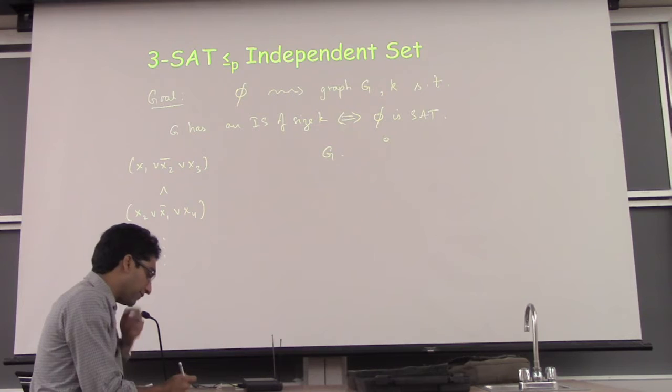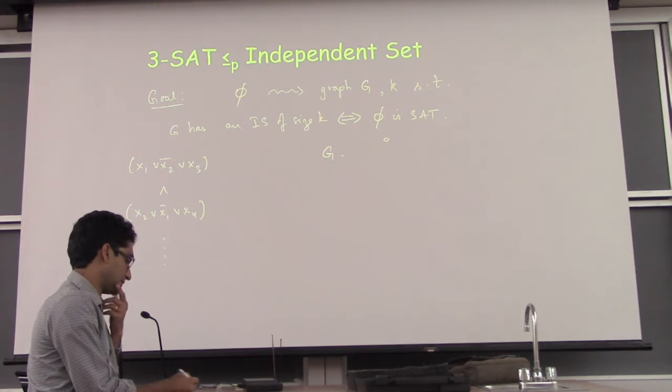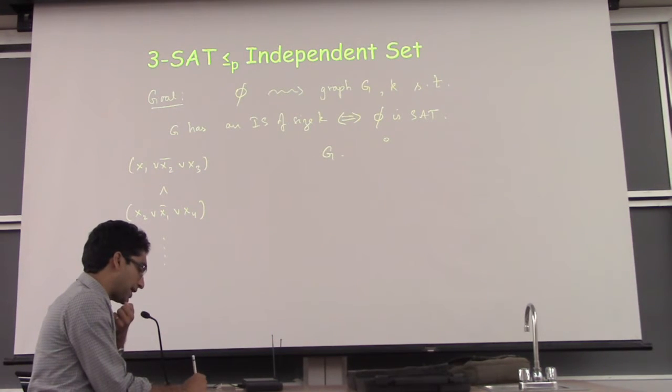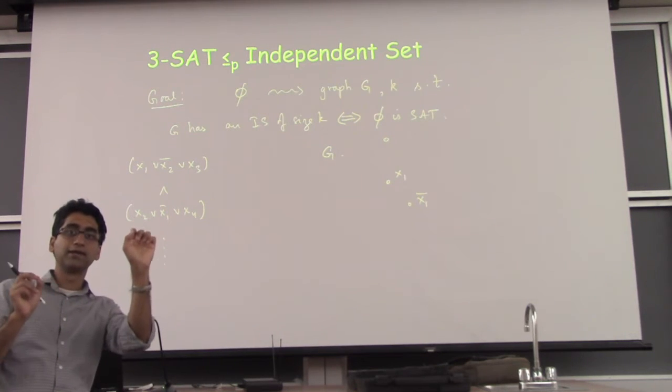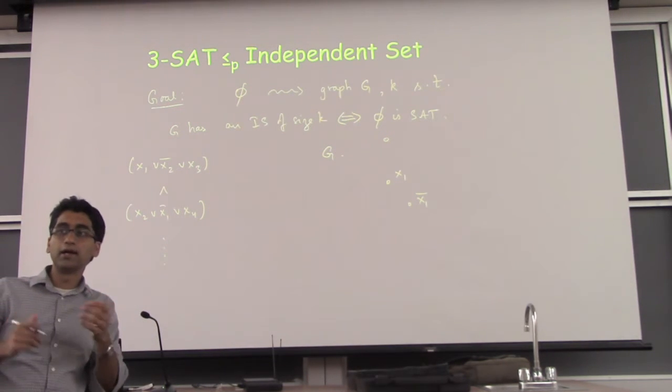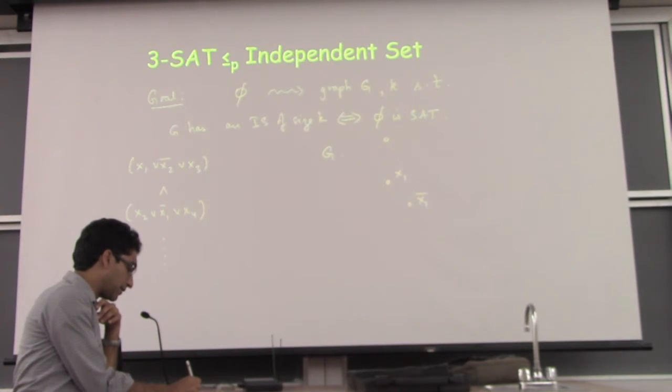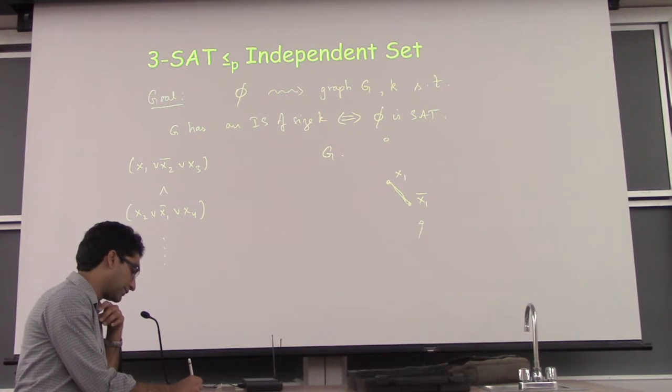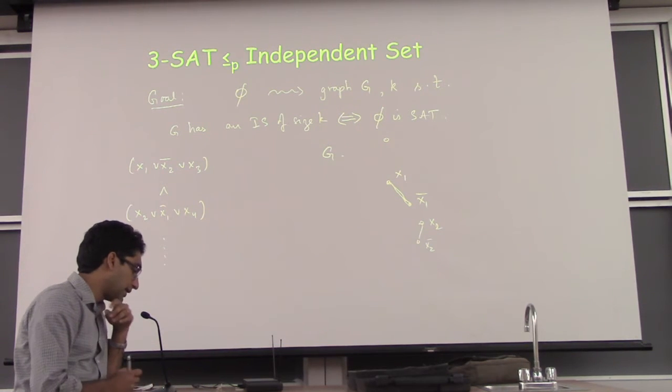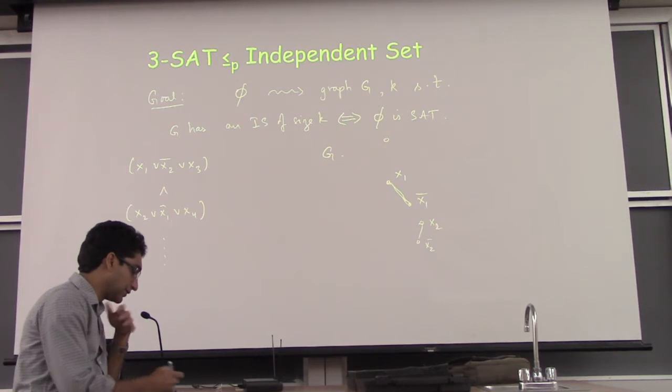So a natural way is, you could think that okay, maybe I have literals, maybe I have some x1 and I have x1 bar. I have a vertex for each literal. Okay, so x1 bar, and maybe I connect them by some edges, and you could have stuff like this, x2 bar, and okay, so this is fine.